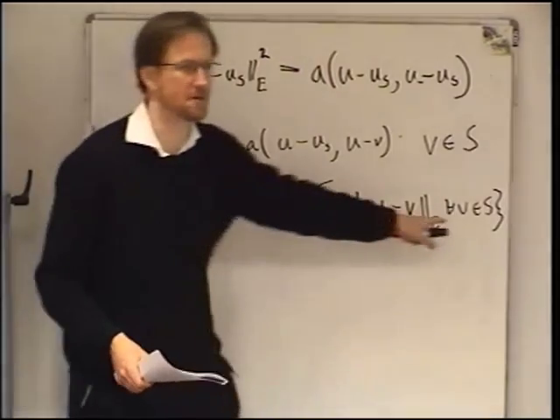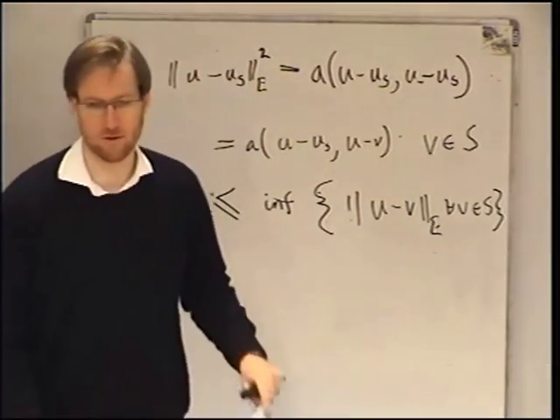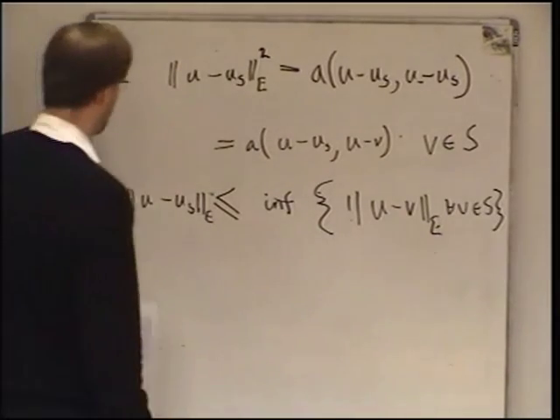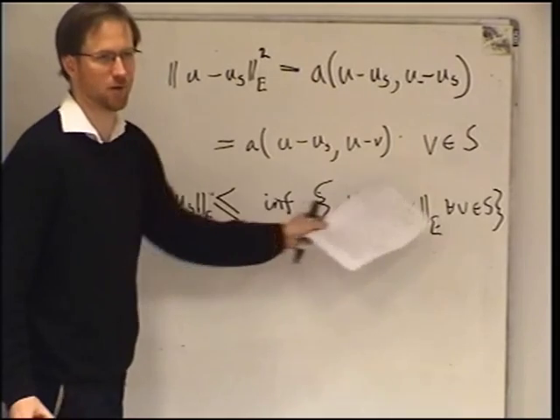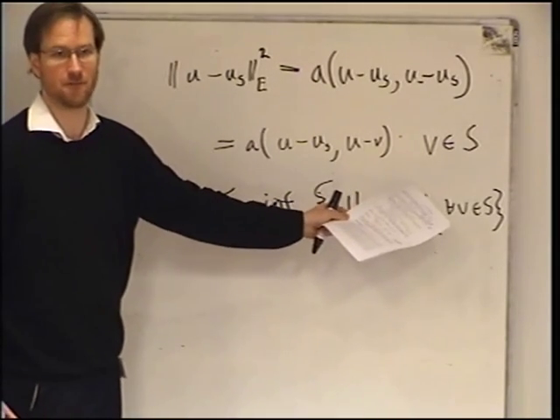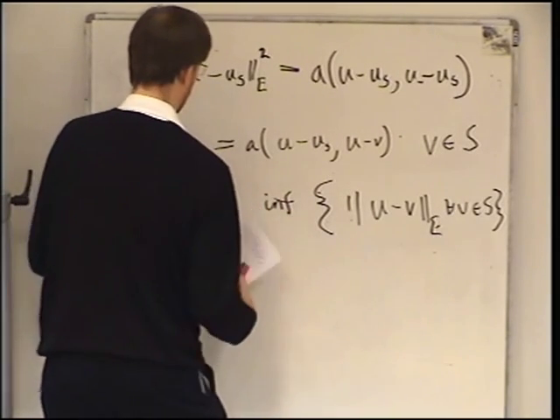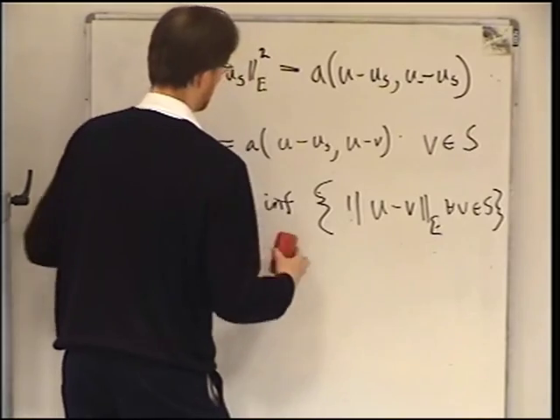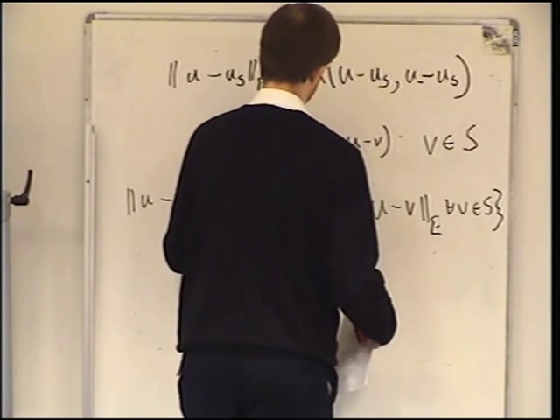Us is a function in that space. And so what that tells us is, if it's less than or equal to the minimum for all v's in that space, and it is one of these things itself, well, it can't be less than all of them because it is one of them. So it is equal to. And because we achieve our minimum, I don't need to write infimum anymore, I can write minimum.